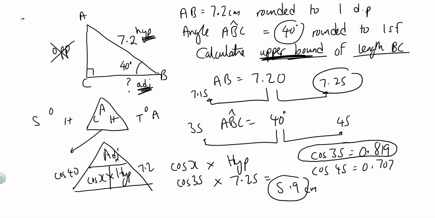They'll get something like 5.5, and then they'll say, oh, the upper bound is 5.55. That we don't do. What you need to do is find the bounds right from the beginning, like I did here, and then use the appropriate calculations using those bounds.